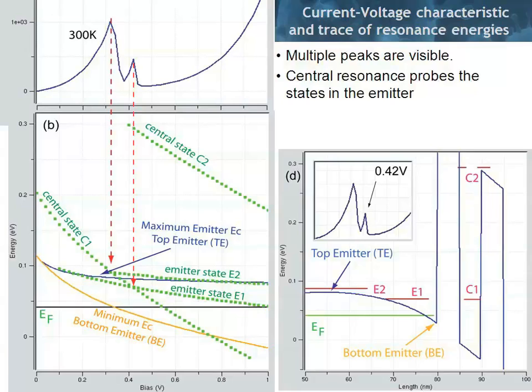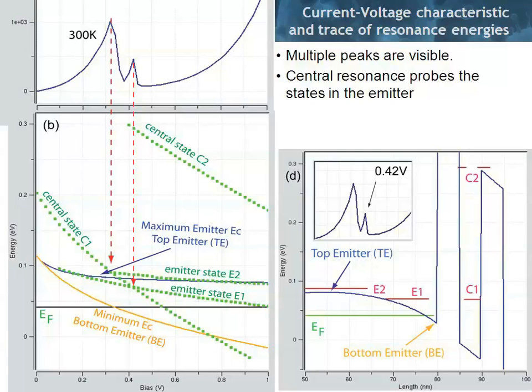There's a central resonance C1 that is almost going down linearly, but no longer quite linearly, because we're solving a Poisson equation with charge. And since charge is involved in the emitter, and it's resisting, so to speak, the pull down of the Fermi sea on the bottom right, it doesn't move down quite linearly.